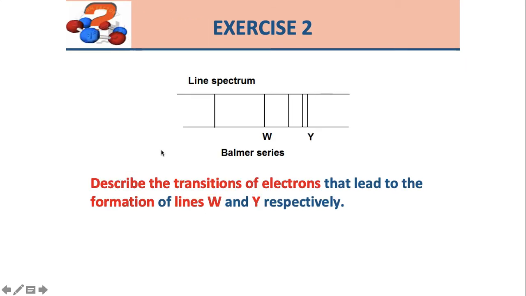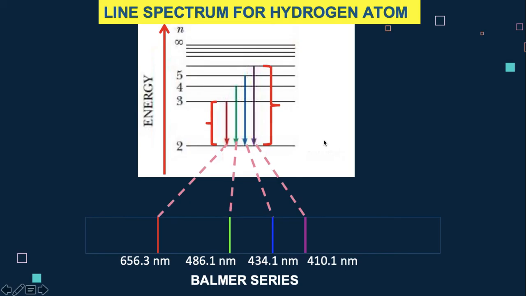Then you have to identify which line is the first line for the Balmer series, this one or this one. If you notice, from the left side going to the right side, the lines become closer. The electron emission from n equal to 3 to n equal to 2 produces this line.